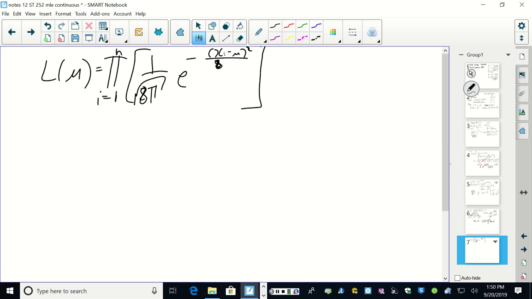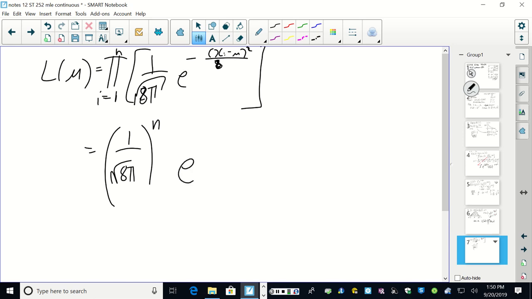So kind of like the exponential one, we have just a number out here that doesn't have any x's in it. You can pull it outside, but it's multiplied n times. So there is a 1 over the square root of 8 pi to the n, because there are n copies of that. x1 has one, x2 has one, x3 has one, all multiplied together. But in the exponent, the first one has x1 minus mu squared over 8, the second one has x2 minus mu squared over 8, etc. And so those exponents add, and they're all negative.